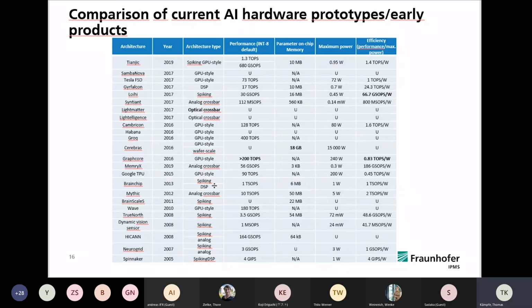These are working on electronic implementations of such a crossbar. However, some companies are also working on optical crossbar implementations, which we will look into, as well as implementations which feature wafer-scale integration. So have a look into these.